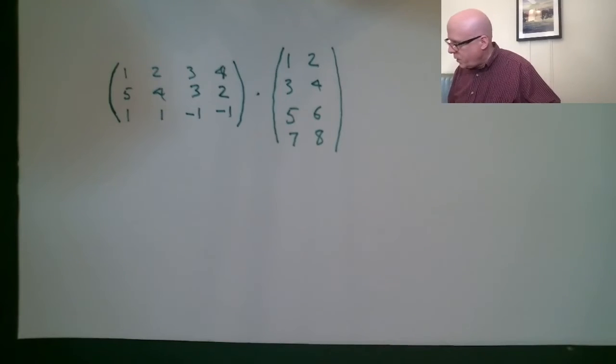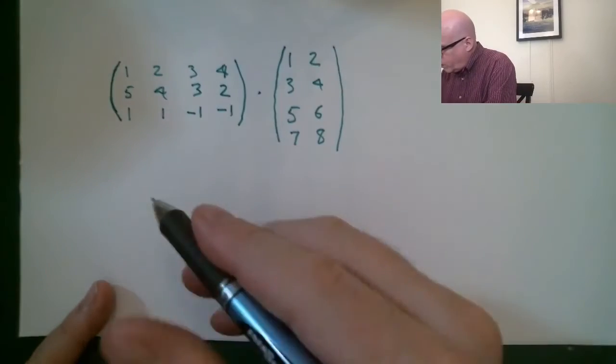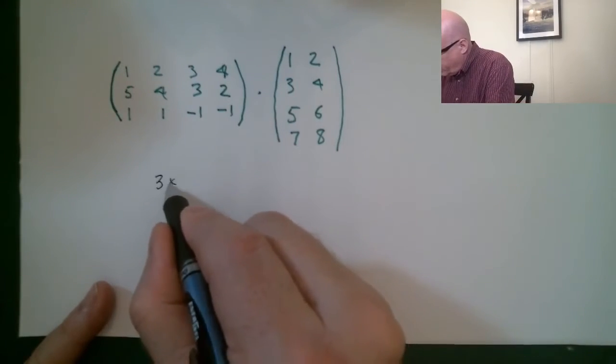Here is a matrix product. It's a pretty hairy one to start off with, but I kind of want to show you what's up. So let's check out whether it's conformable, whether we indeed can do the product. Let's see, this first matrix has 3 rows and 4 columns, so it's a 3 by 4.